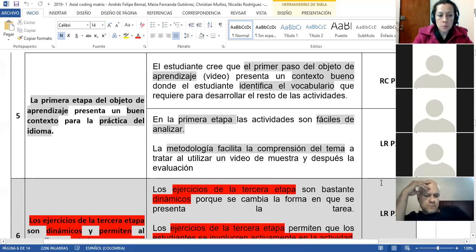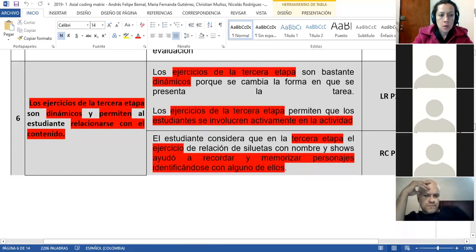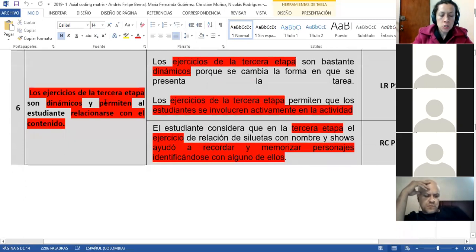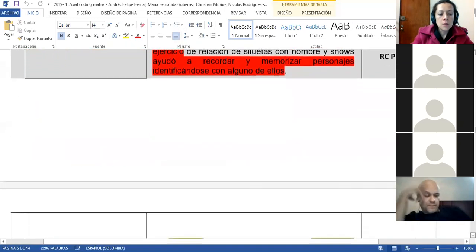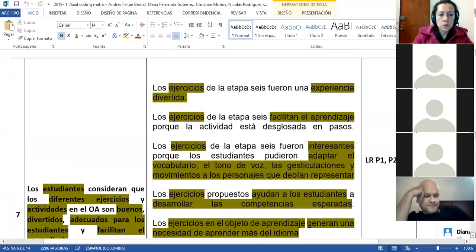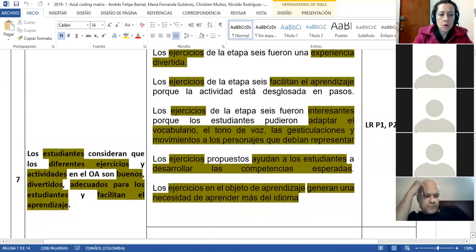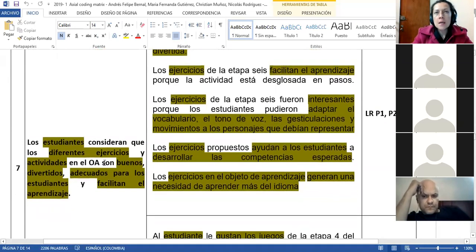Students also talked about the third stage: the activities were dynamic and allowed students to understand the information. Students also talked about different activities. So in all the stages there were activities, so we can group again.